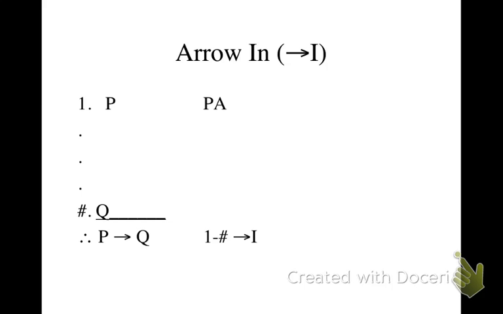And the way we do it is, we want to derive P arrow Q. So we start out by saying, well, what if P is true?